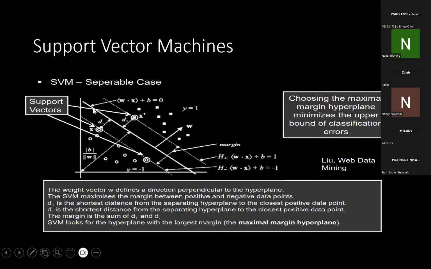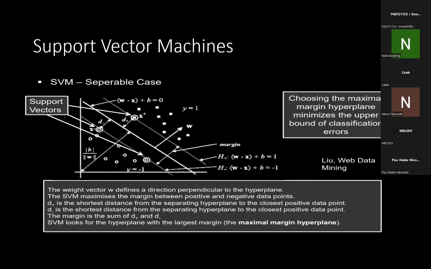Just a straight line can separate the two. So this is a typical case of a linearly separable case. When you draw a straight line across them, you can separate the two. But not all data sets are linearly separable.